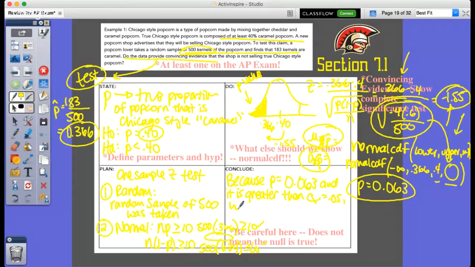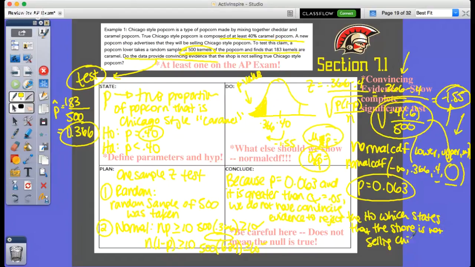So we would just say we do not have convincing evidence to reject the null which states that the store is not selling Chicago style popcorn.